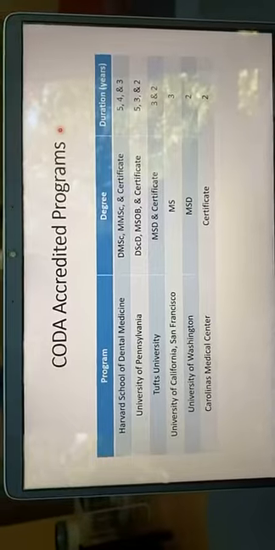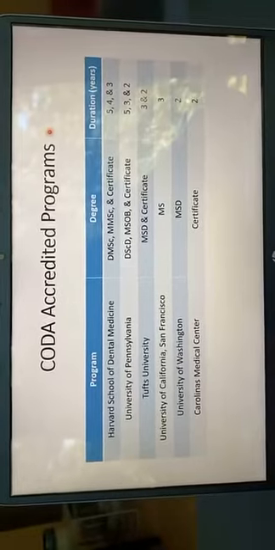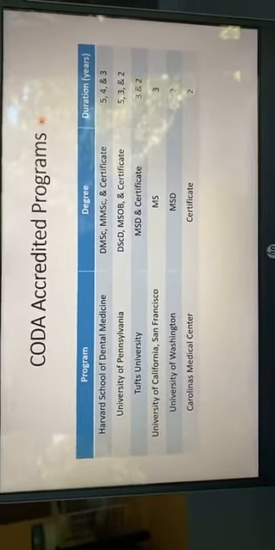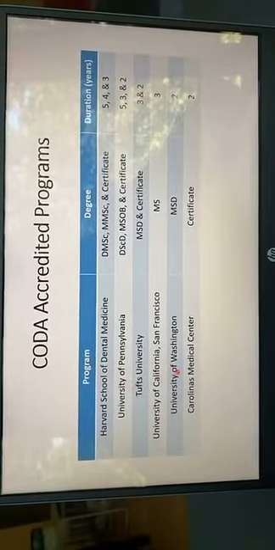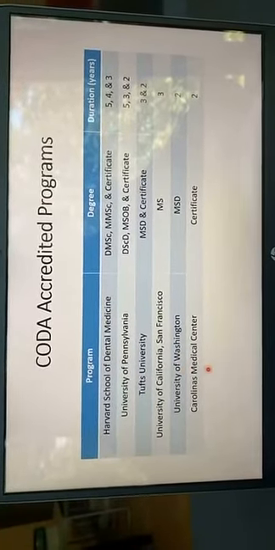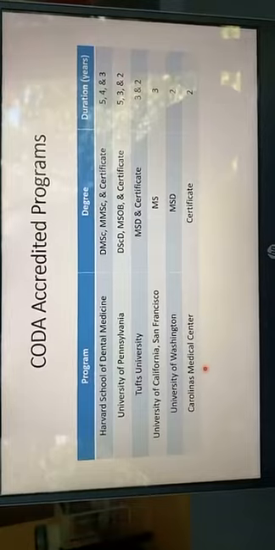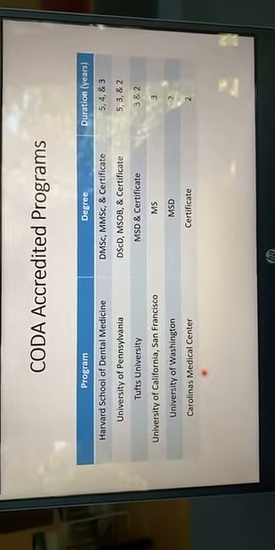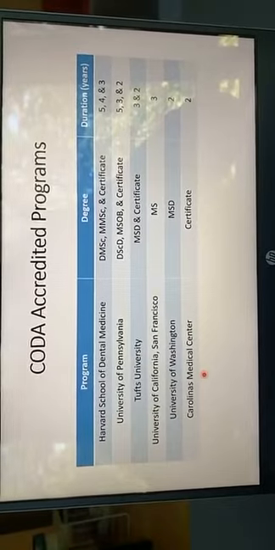And the other option would be to go abroad, and of course there are programs in both the US and Canada. I have here a table showing the 6 CODA accredited programs اللي موجودة في US. طبعا there are other programs, however these 6 are the CODA accredited, and those are the programs that you would want to apply to.